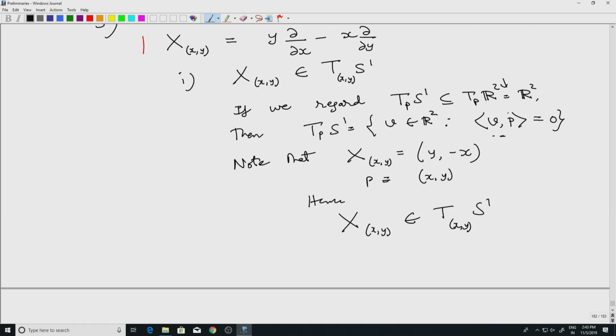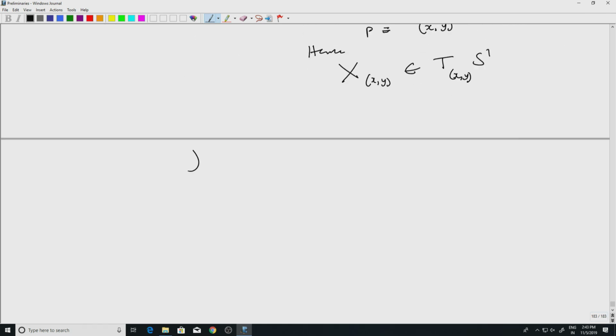Now coming to the next issue, which is smoothness as usual. Smoothness of X as a vector field on S¹. Here again, rather than worry about the special case, let's prove a more general thing which is true for any submanifold. So here's a small proposition.